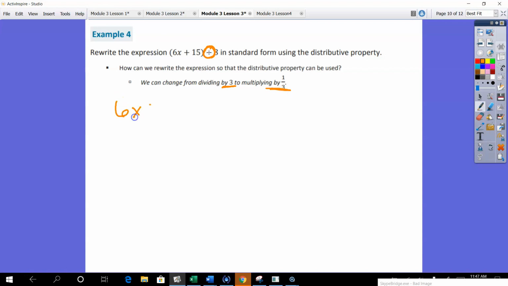So 6x plus 15 times 1/3. Okay, so we're distributing. And we can go backwards when we're distributing. So 6x times 1/3 plus 15 times 1/3.